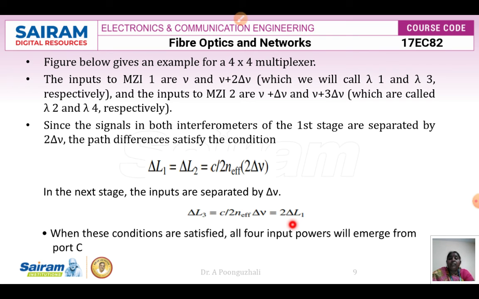So when these conditions are satisfied, all the 4 input powers will emerge from port C. So here this is the condition for the path differences.